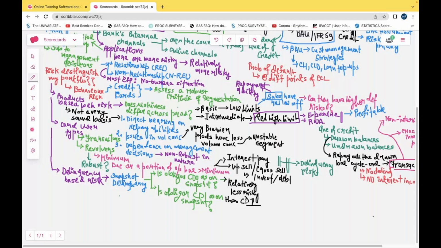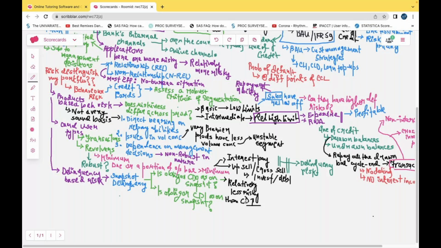So that's another level of segmentation when we are segmenting using delinquency-based information, when the behavior scorecards are being segmented based on behavior risk, because delinquency behavior is one of the most fundamental risk behaviors of a borrower. It stems from the payment side, not from the billing side.